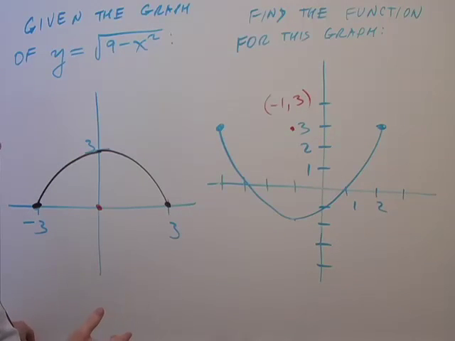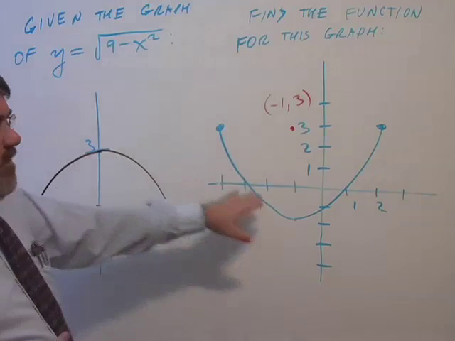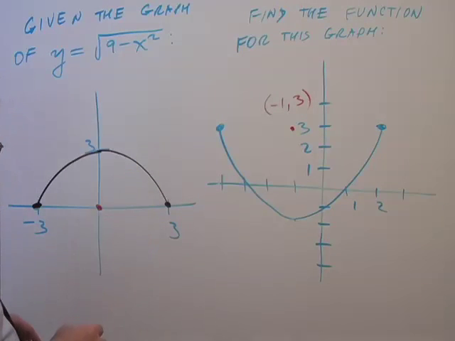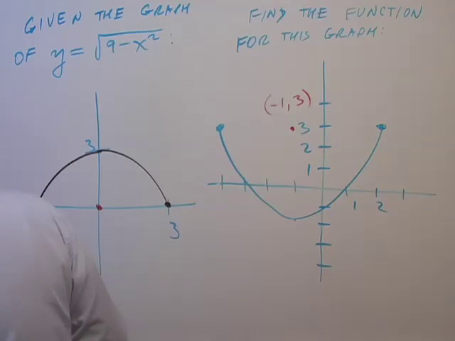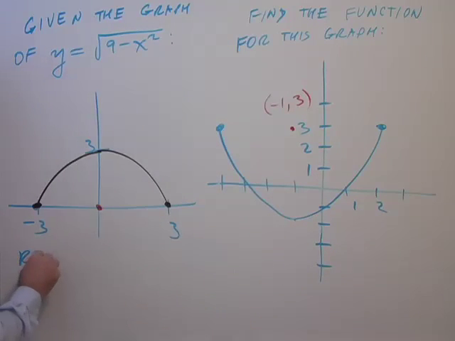Now it's obviously been reflected. This is upside down, this is right side up, so let me write out these transformations here. So it's reflected across the x-axis.